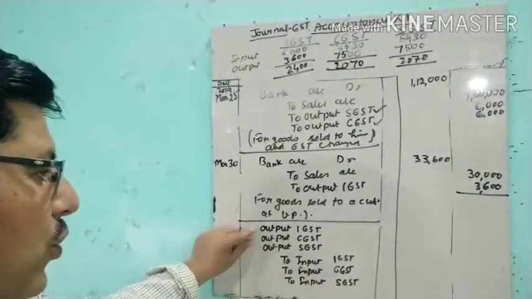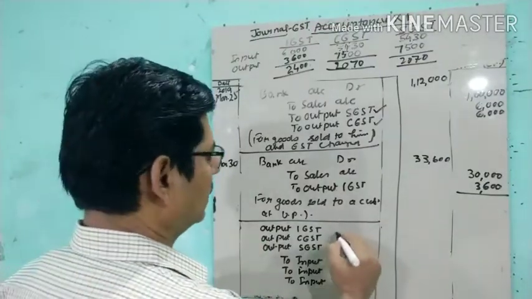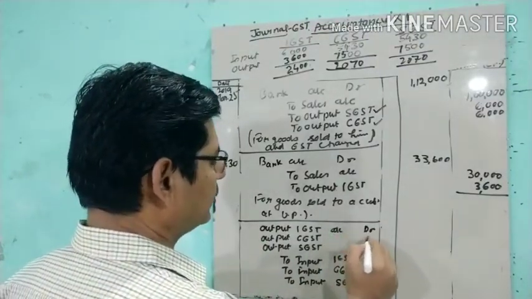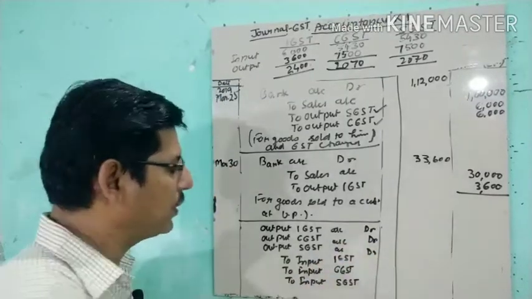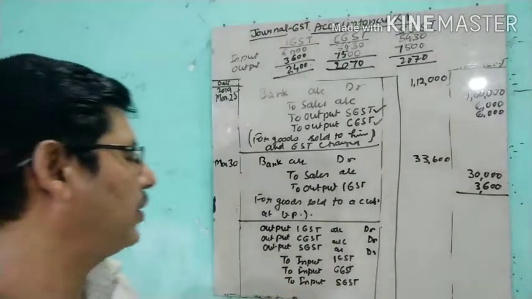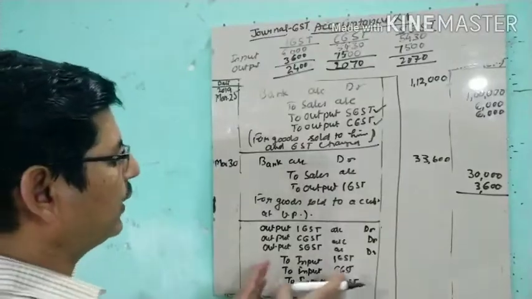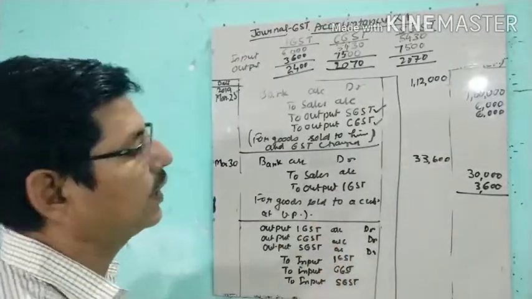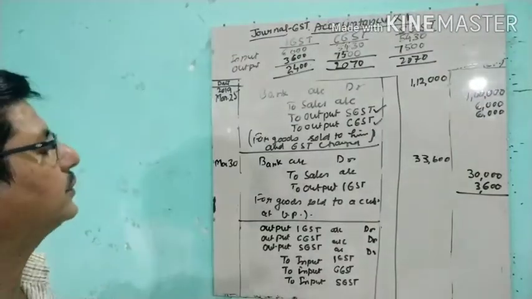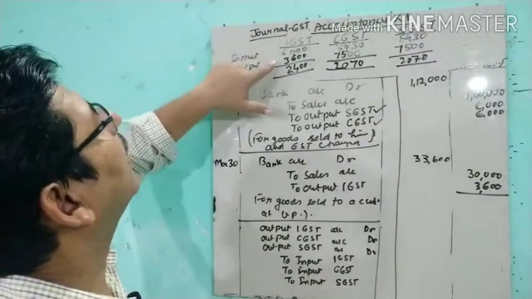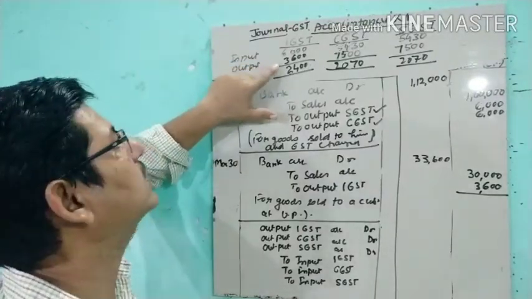Now this is output IGST account debit, to input IGST, input CGST and input SGST. First of all, we have to adjust inputs with outputs, with whatever we have bought. Output IGST means what we have sold interstate is 3,600.